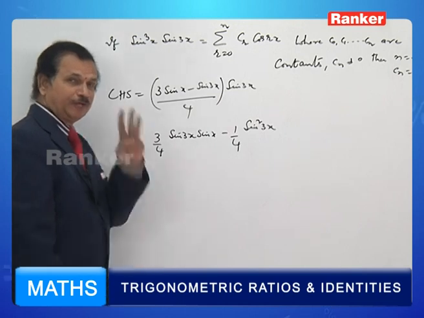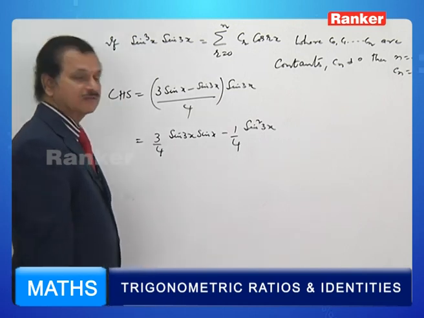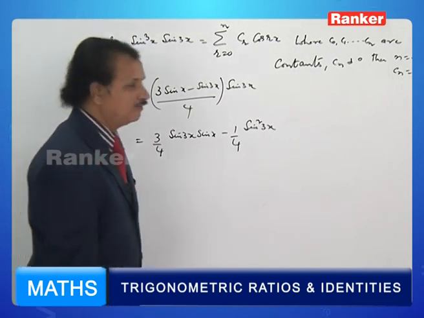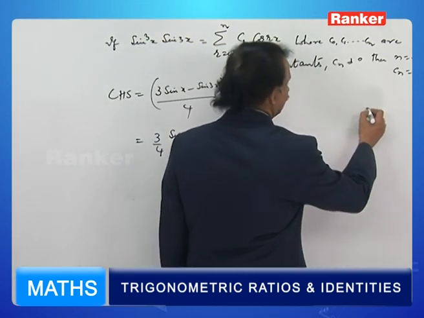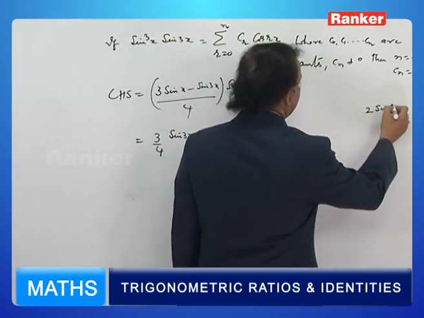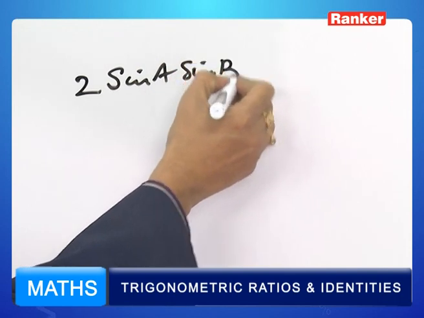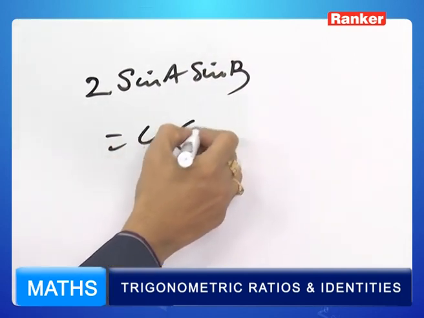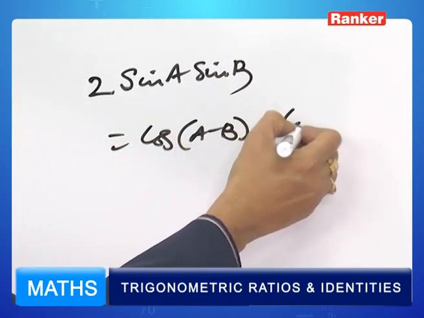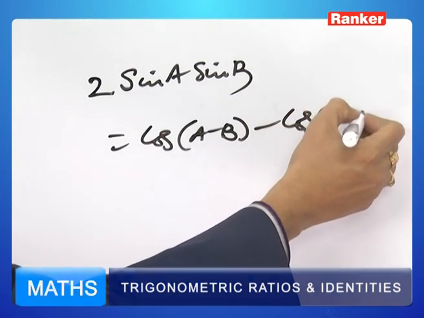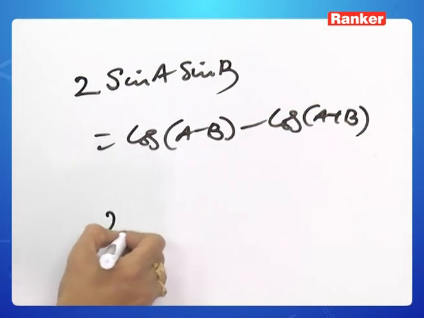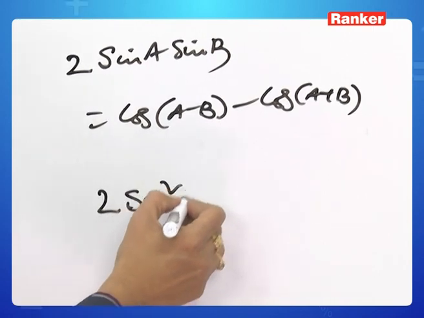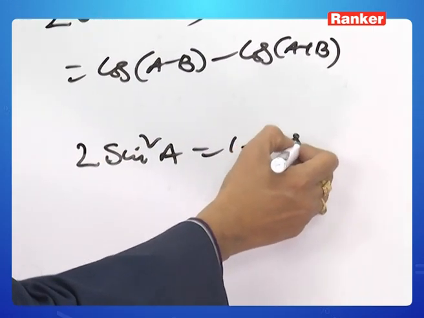Here we need two identities, two formulae. What are they? One thing is 2 sin A sin B is equal to cos of A minus B minus cos of A plus B, and the other is 2 sin square A is equal to 1 minus cos 2A.